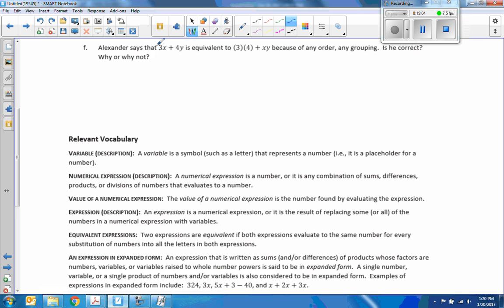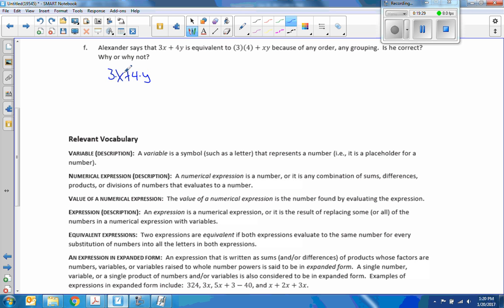Okay. Alexander says that 3x plus 4y is equivalent to 3 times 4 plus x times y, because of any order, any grouping. Is he correct, why or why not? So he has 3x plus 4y. What this means is 3 times x and 4 times y.